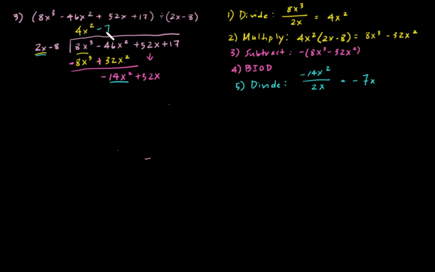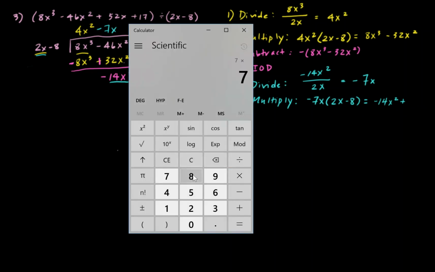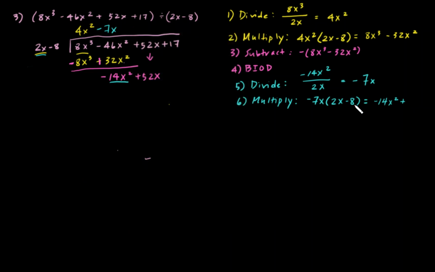Negative 7x goes here. Number 6, we're going to multiply. We're going to multiply the negative 7x times the divisor, which is 2x minus 8. So we end up with a negative 14x squared and a positive 7 times 8. 7 times 8 is 56.